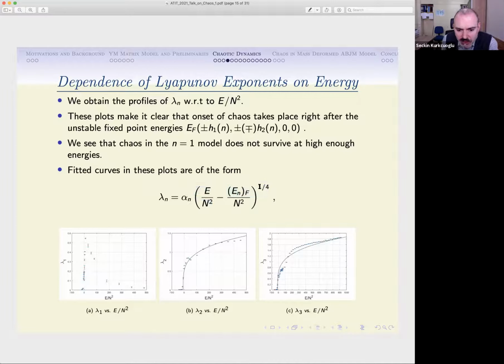And you can ask why the power is 1 over 4, but recall that in the motivations part, I displayed a formula in which the Lyapunov exponents go with the 1 over 4th power of the temperature.